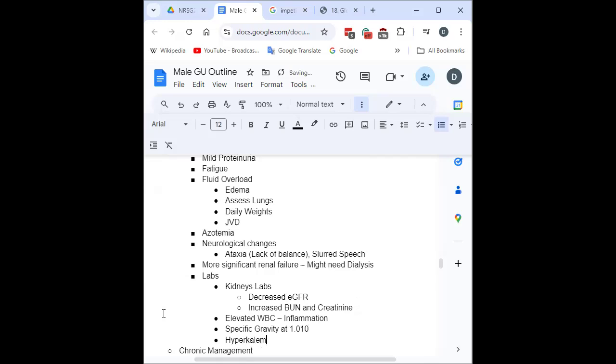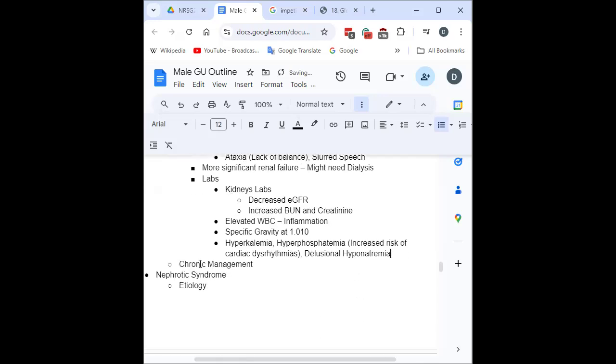And remember, these people are going to have hyperkalemia and hyperphosphatemia. So when someone has high potassium and high phosphate, that's increased risk of cardiac dysrhythmias. Maybe some dilutional hyponatremia, because remember, your kidneys are going to get rid of potassium and get rid of phosphate.